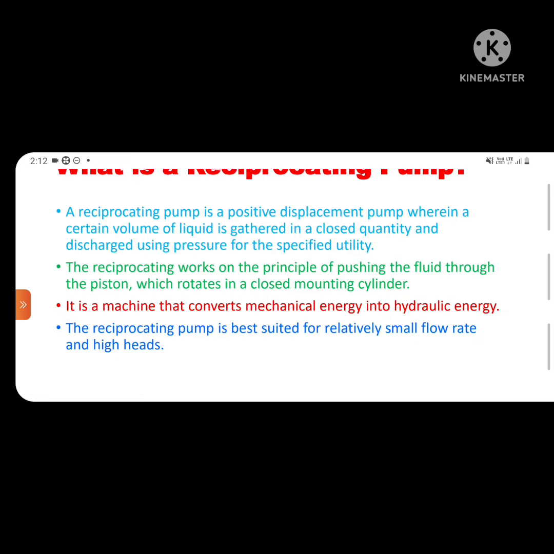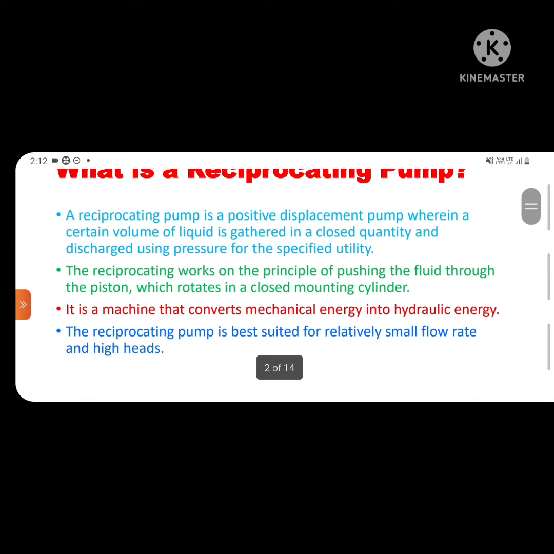Actually, there is a reciprocating motion, forward and reverse motion of the piston, by using input energy, maybe an electrical motor which is connected to the pump, or sometimes another power converting device may be connected to the pump for achieving the reciprocating motion inside the cylinder.